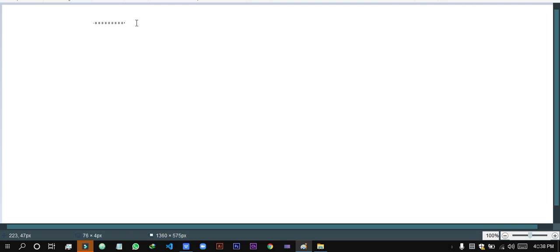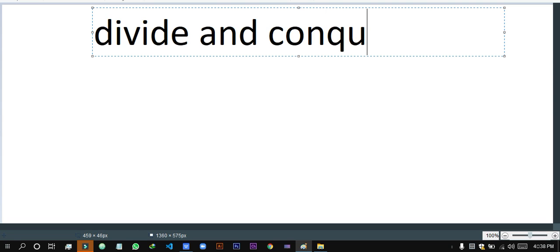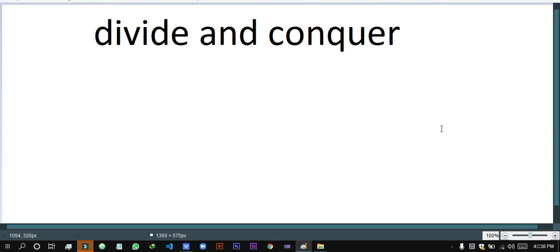Our topic is now divide and conquer. Actually, divide and conquer is a classic algorithm technique, based on one of the most important paradigms of algorithms. So let's understand what divide and conquer is.